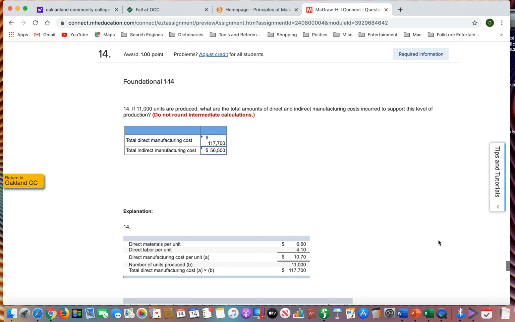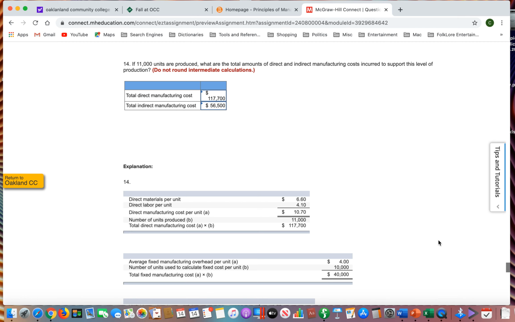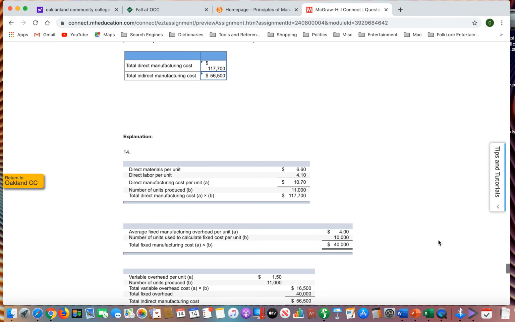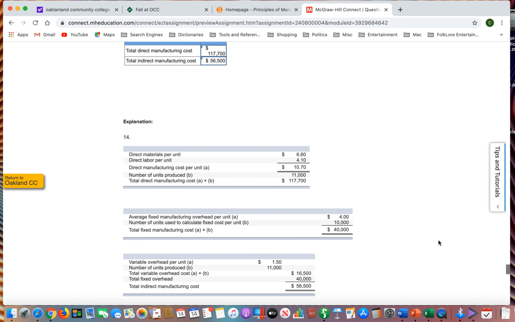Direct labor, direct material is 1070 times 11,000 units. You go there. That's your direct manufacturing cost, because it's direct labor, direct material.